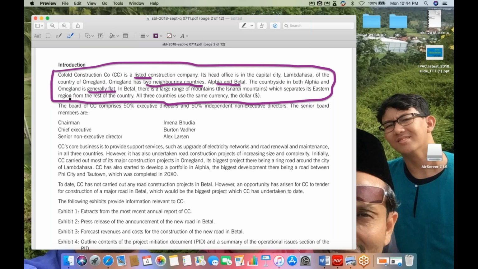That means they have similar demographic factors, I mean geographical factors, so it means that they have some similarities in terms of how they operate. So operating in Omegaland might be the same as how they would operate in Alfia, all right?